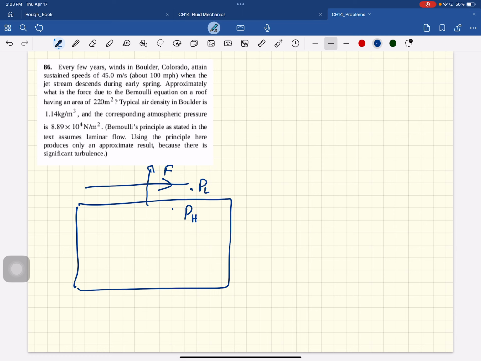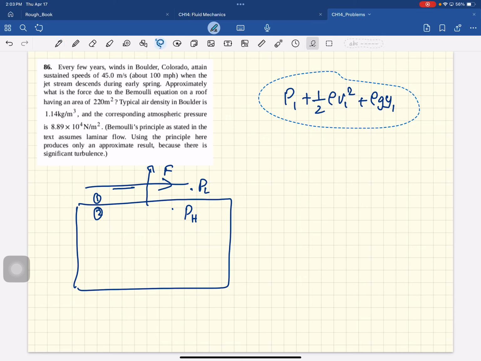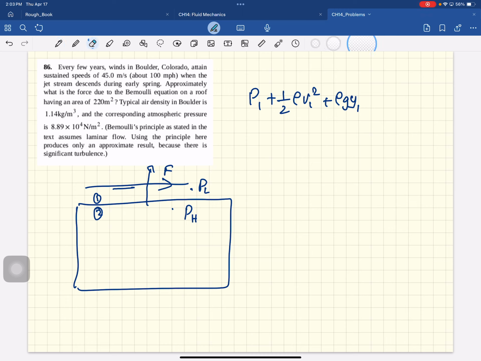This is how a plane gets lift too. The air above is flowing faster than the air below. So Mr. Bernoulli says, we'll say this is point 1, point 2: P1 plus 1/2 rho V1 squared plus rho g y1 is equal to P2, the pressure, plus 1/2 rho V2 squared plus rho g y2.